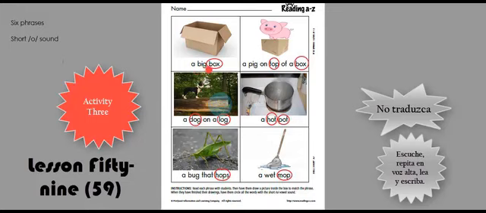A big box, a pig on top of a box, a dog on a log, a hot pot, a bag that hops, a wet mop. Short O sound. O.